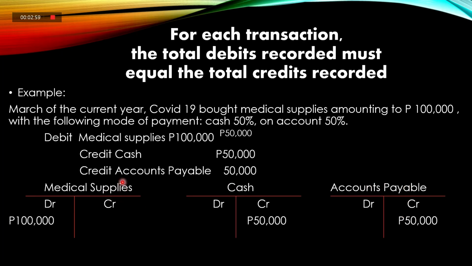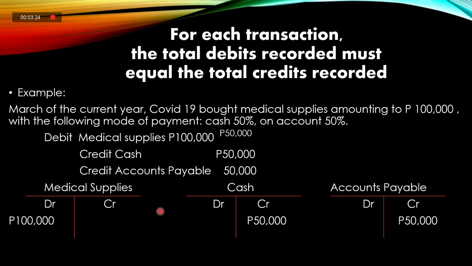Here, we have an increase of asset amounting to 100,000 pesos in the form of medical supplies, and a decrease in the asset in the form of cash amounting to 50,000 pesos. So at the end, we have a total asset amounting to 50,000 pesos.